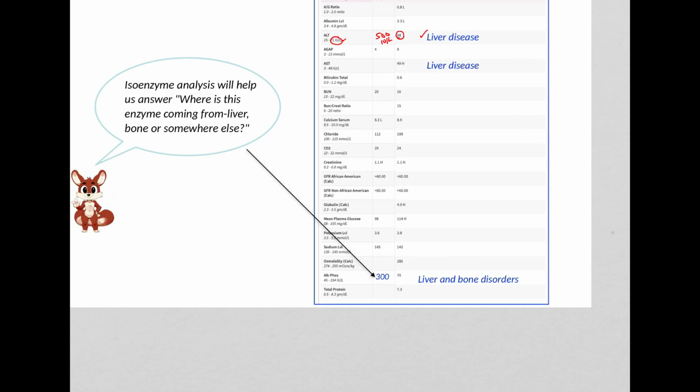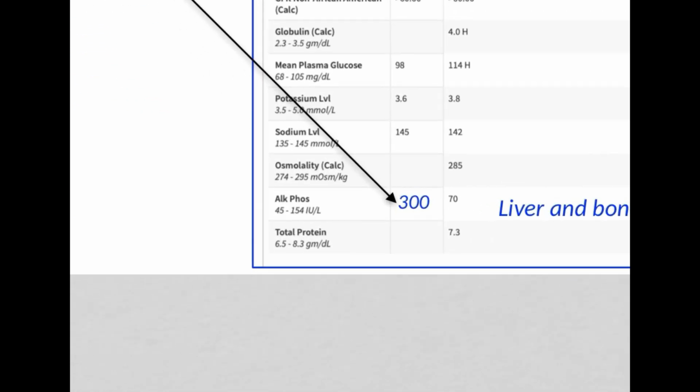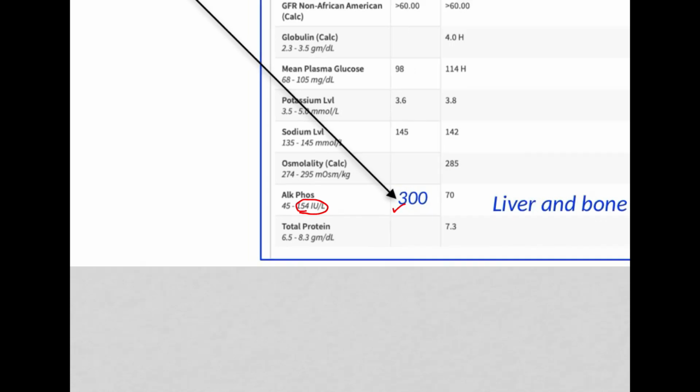So besides actually measuring the concentration of the enzyme in the body fluid, there is another way by which enzymes can be very helpful in the diagnosis as well as monitoring of diseases. So for example, let's say the alkaline phosphatase for this person, the normal range is less than 154, but let's say we had a value of 300 in this patient.